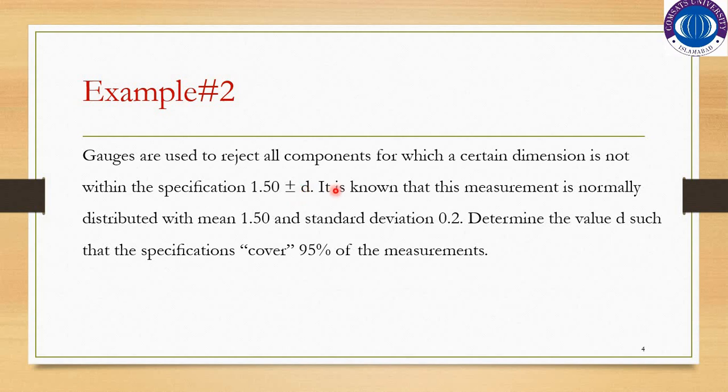It is known that this measurement is normally distributed with mean 1.50 and standard deviation of 0.2. Determine the value d such that the specifications cover 95% of the measurements.